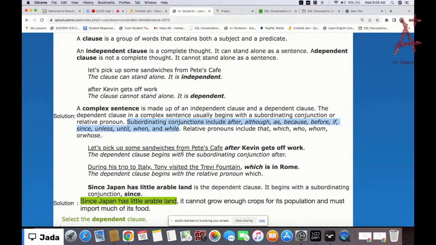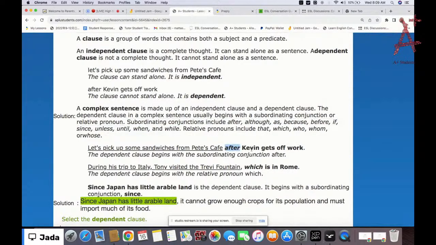So it says that a subordinating conjunction comes at the beginning of a dependent clause. So we have a dependent clause of Kelvin gets off work. So you see the after here, this after here is a subordinating conjunction. So it begins with it.